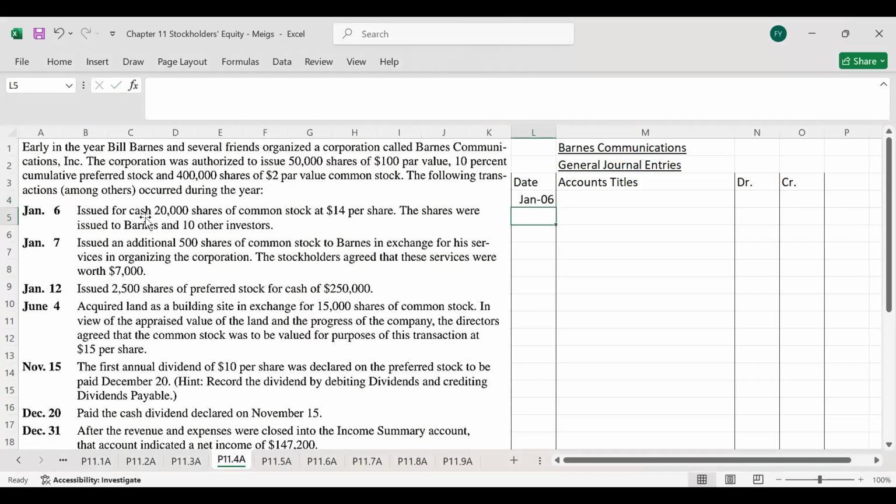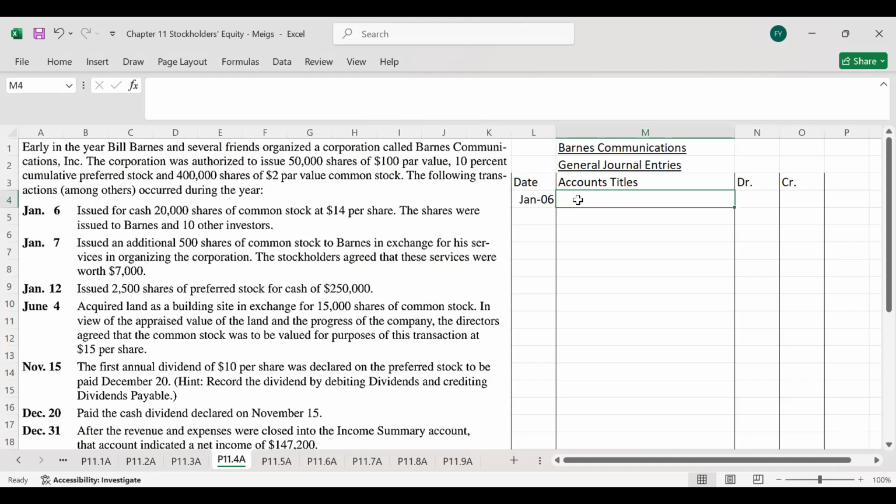Issued for cash means these shares are issued against cash: 20,000 shares of common stock at $14 per share. We know the par value is $2, whereas it is issued at $14. This means that the difference between the two is additional paid in capital. The shares were issued to Barnes and 10 other investors.